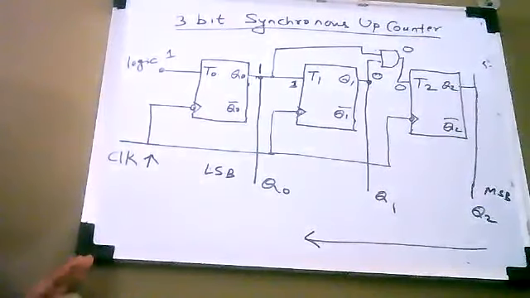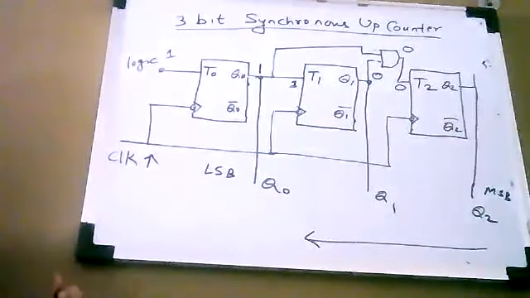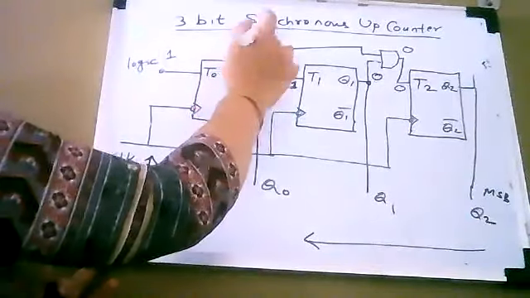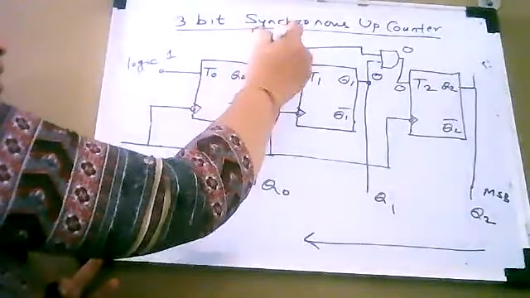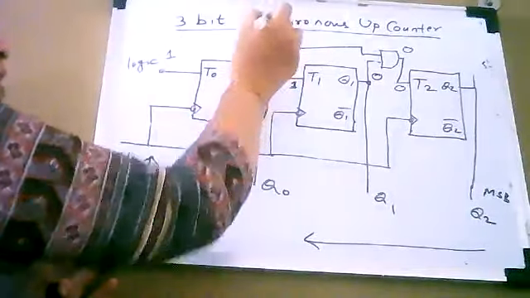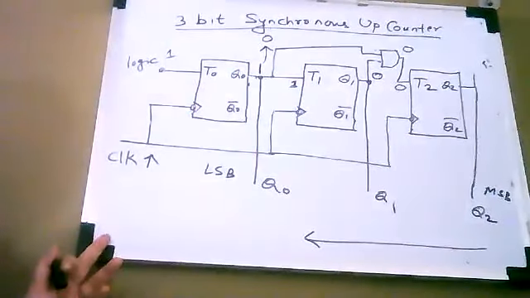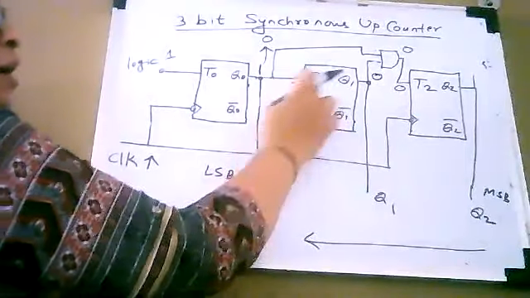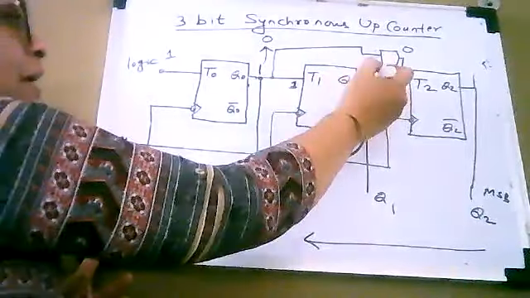Now when you apply the clock pulse, you are applying it simultaneously to all flip-flops, so all flip-flops will change their states simultaneously. As input of flip-flop number 1 is logic 1, it is going to toggle, and it will change the state from 1 to 0. As input of the second flip-flop is also 1, it is going to toggle its state.